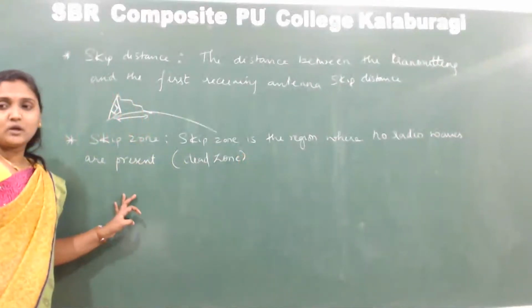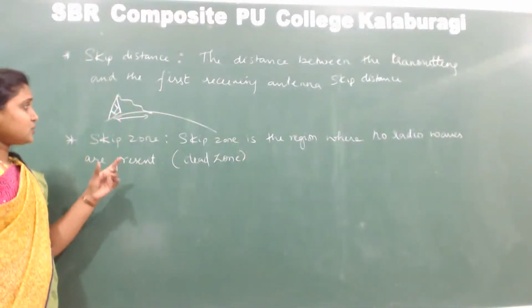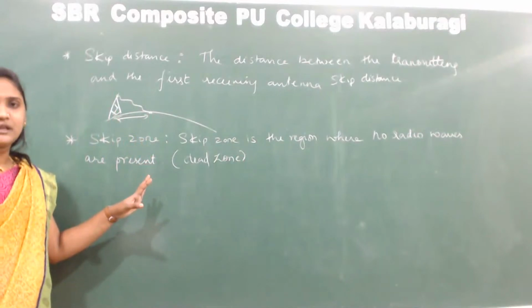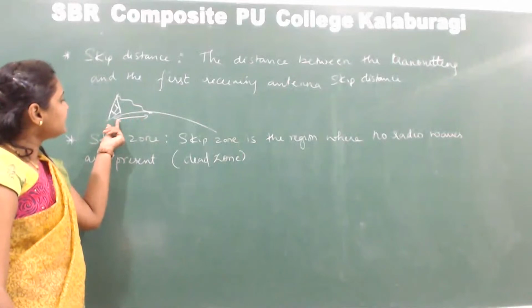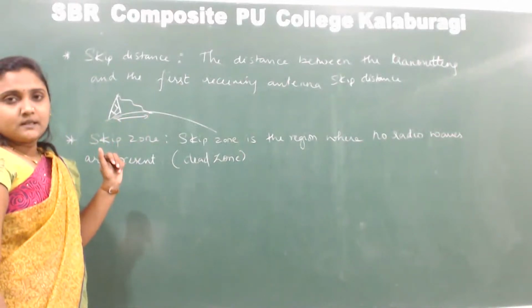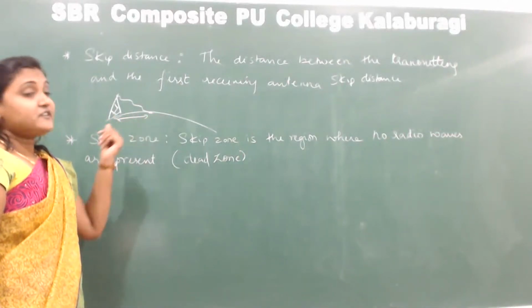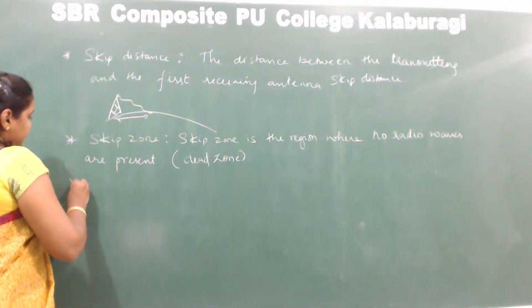It is called skip zone or dead zone, where none of the signals are available. None of the EM waves are available, and that is exactly between the transmitting antenna and the first receiving antenna on the earth.